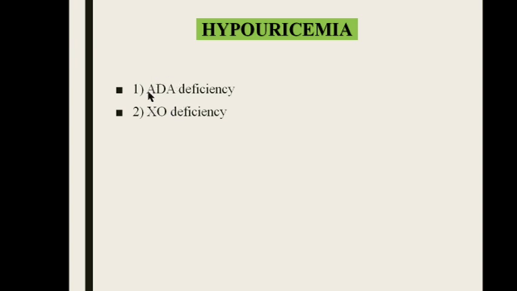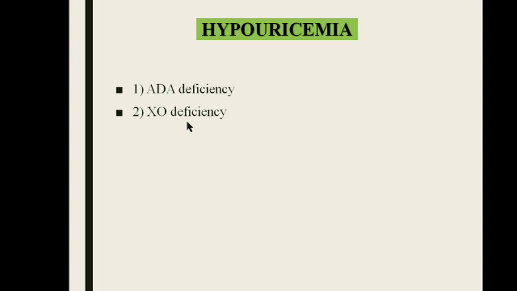It is synthesized by the B cells and T cells of the lymphocytes. The deficiency of adenosine deaminase accounts for severe combined immunodeficiency disease, that is called SCID. This was the first enzyme therapeutically useful as an enzyme replacement therapy, which was very successful for the treatment of SCID, that is adenosine deaminase enzyme.